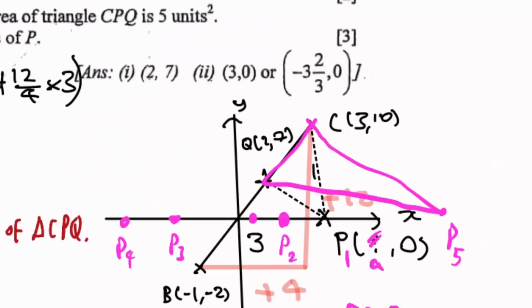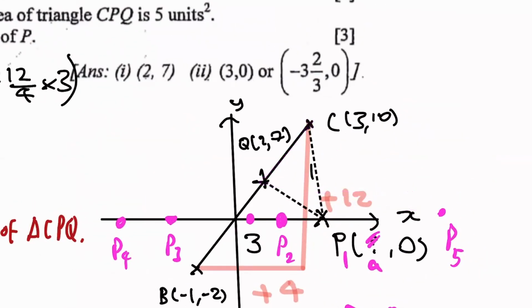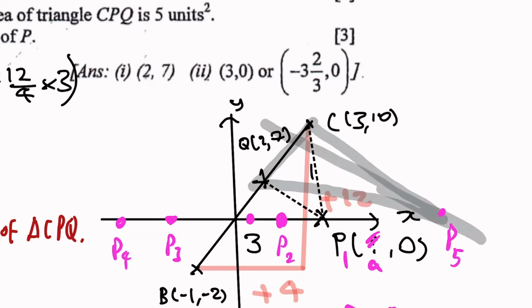Let me draw a few triangle P's for you. So if this was triangle CQP, we are trying to obtain this equation or this line. Can you see that line?